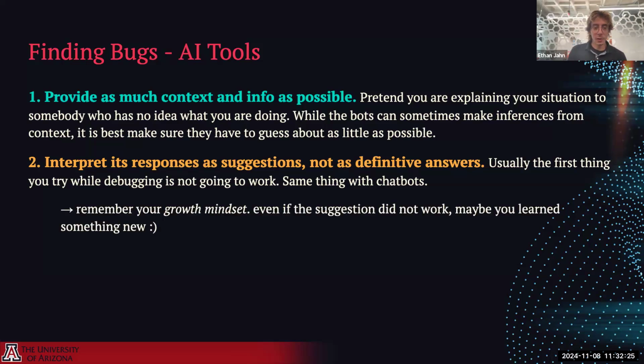So remember your growth mindset. Even if the suggestion didn't work, maybe you learned something new from the chatbot, right? I have learned a decent amount from them just by having them tell me about different aspects of codes that I wasn't aware of, even if it wasn't the exact fix that I needed at the moment. So remember, as long as you're learning something, you're doing right.